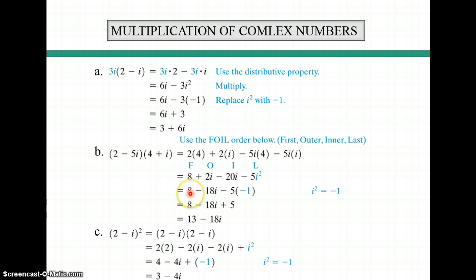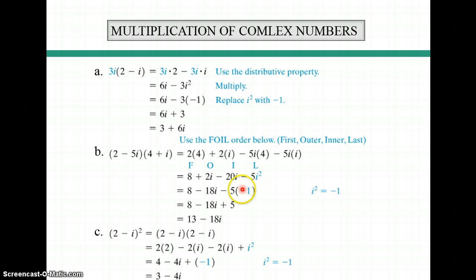So we have 8 minus 20i plus 2i, minus 18i. Now replace i squared with minus 1.